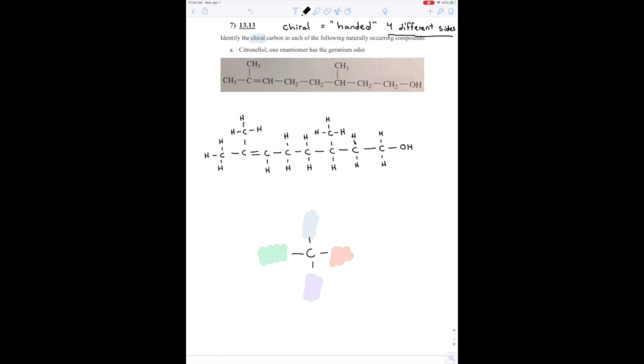That would be a chiral carbon. And there would be 2 versions of it, a right-handed version and a left-handed version. And just like your right hand won't fit into a left-handed pocket, a chiral carbon that's right-handed won't fit into a left-handed enzyme pocket. And that can make a huge difference.